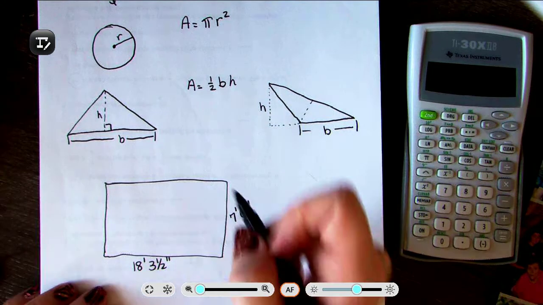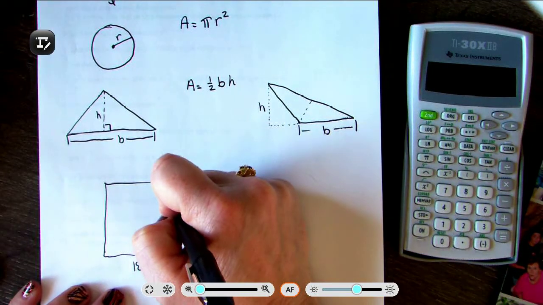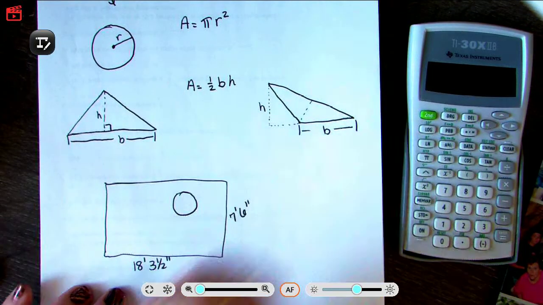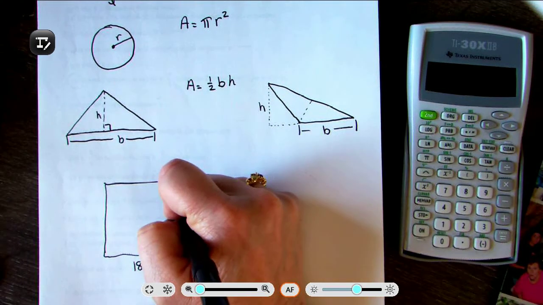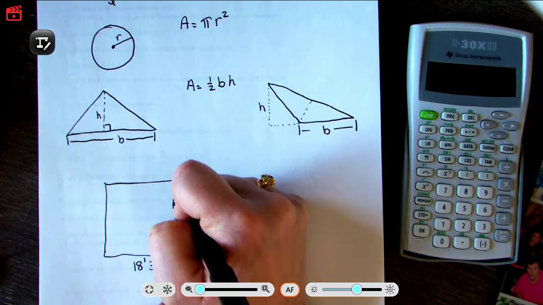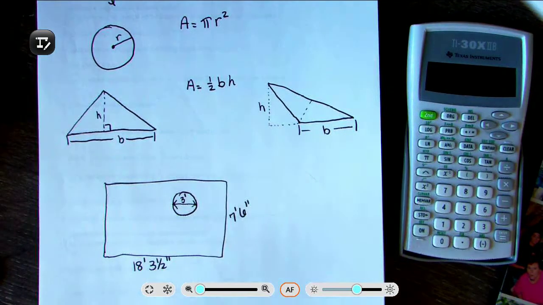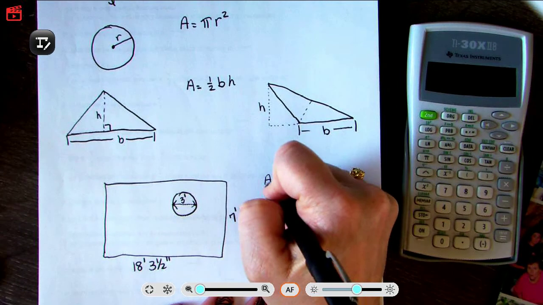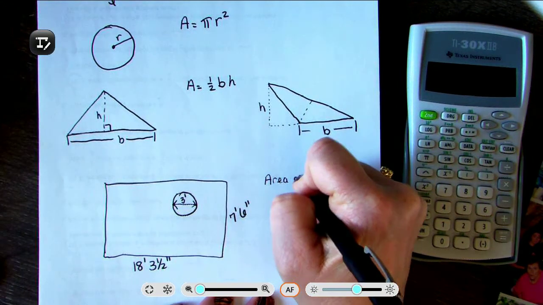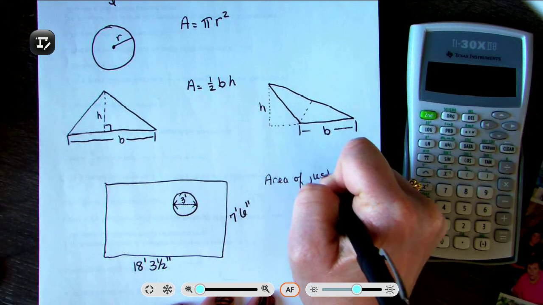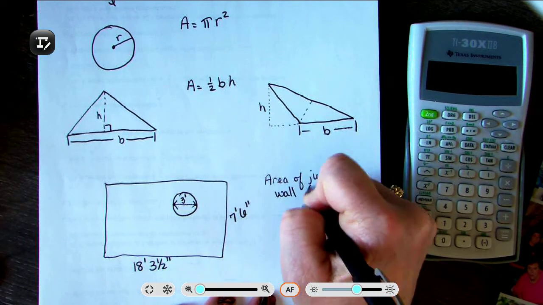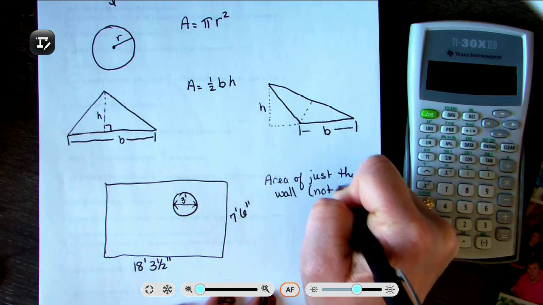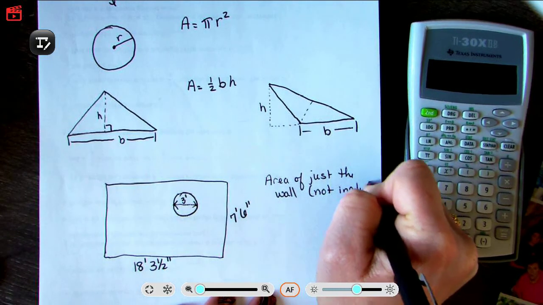But on this wall we have a circular window, so this will kind of take place of all of our pieces. I'm going to draw kind of big, and it happens to be 3 feet across. Okay, and I want to find the area of just the wall part. And so what I mean by that is not including the window.